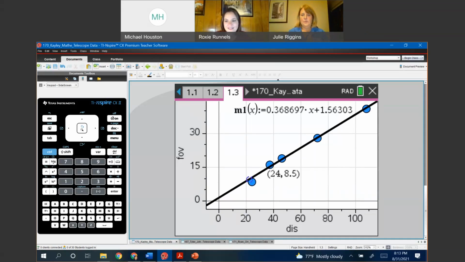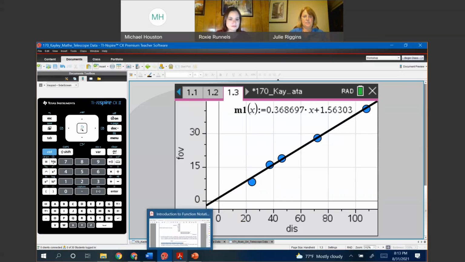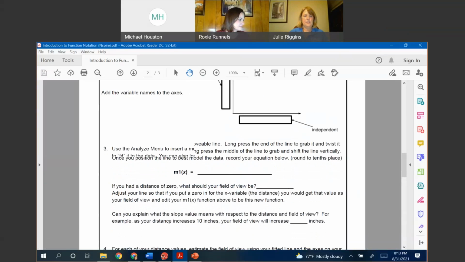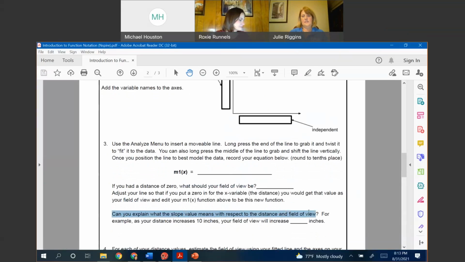Okay, so now we have a movable line. I haven't asked you about the slope. So our slope is, you can see 0.368. I have asked my students to explain what the slope means with respect to the distance and the field of view.